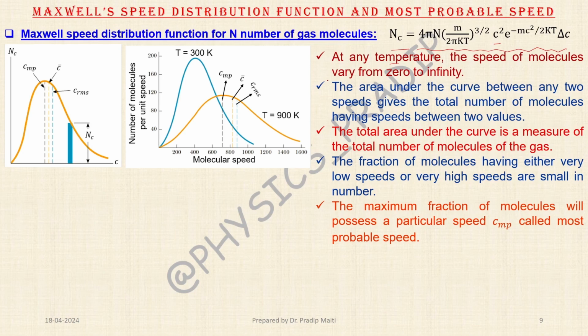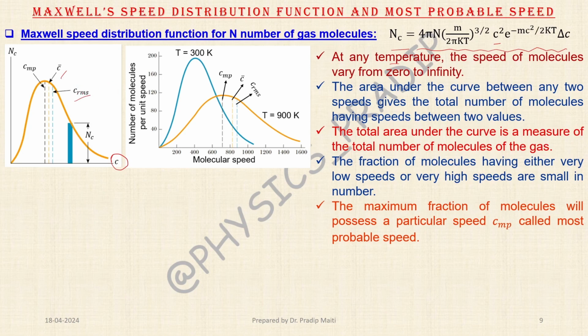The graphical representation shows the number of gas molecules, that is NC, against the speed of the gas molecules. Here CMP represents the most probable speed, C bar represents the average speed, and C RMS is the RMS speed.